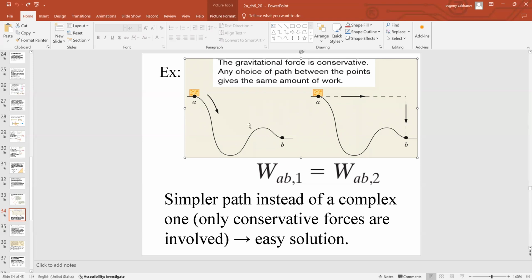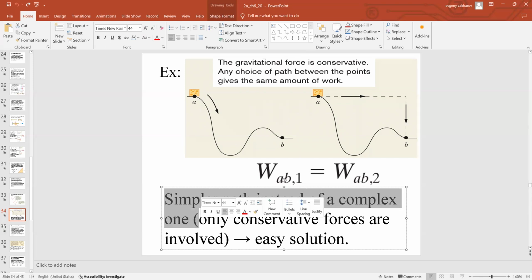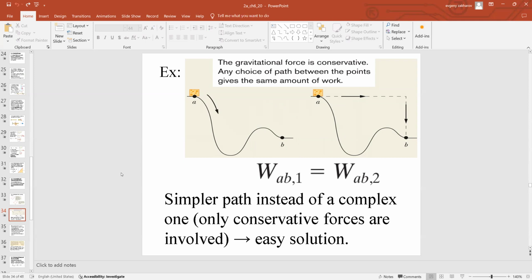So for gravity or spring force, you definitely want to go this way rather than going through curves and a lot more calculations. So a simpler path instead of a complex one produces an easy solution, and that's the reasoning for defining potential energy as well. You can only define potential energy for conservative forces. You cannot do that for non-conservative.